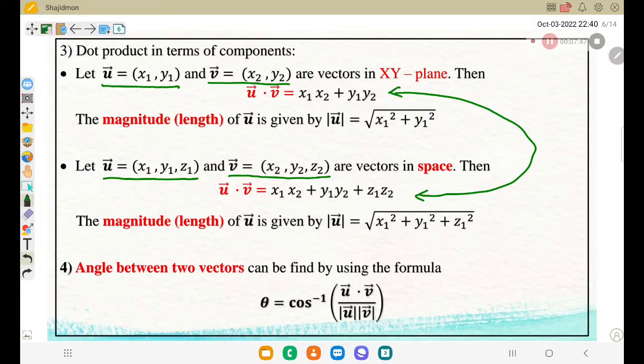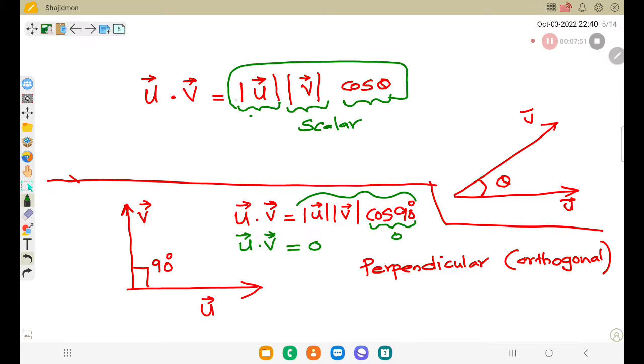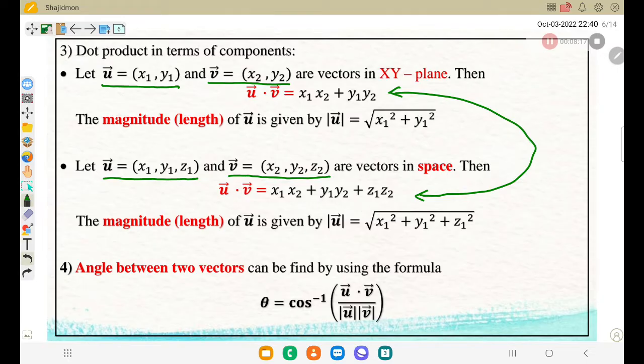I hope you understood. So the dot product of two vectors we already said is absolute u, absolute v, cosine theta. Another way we can use this rule: x1 multiplied by x2 plus y1 multiplied by y2 plus z1 multiplied by z2. If the coordinates are given, x values, y values are given, meaning vector form or ordered pair is given, we can use this rule.